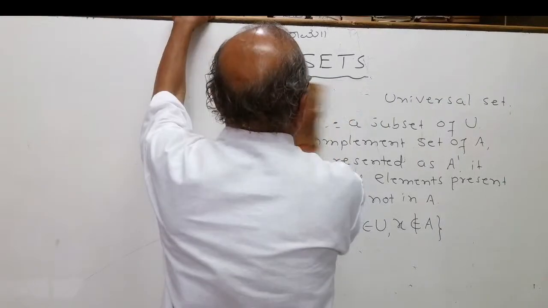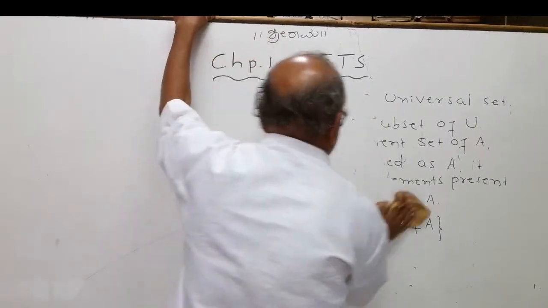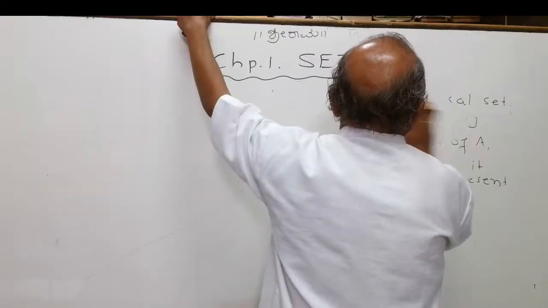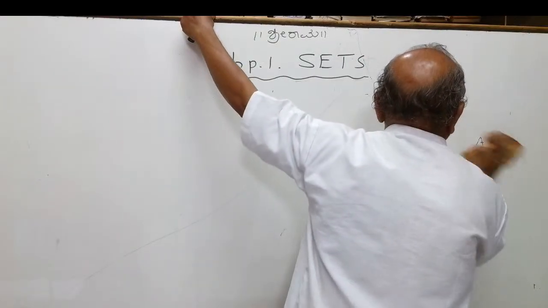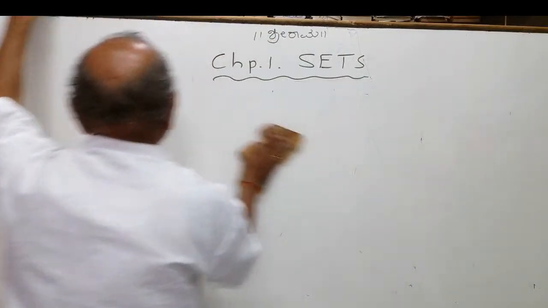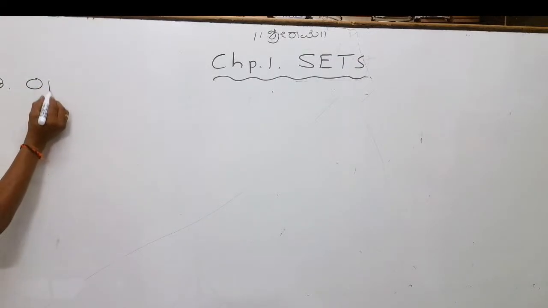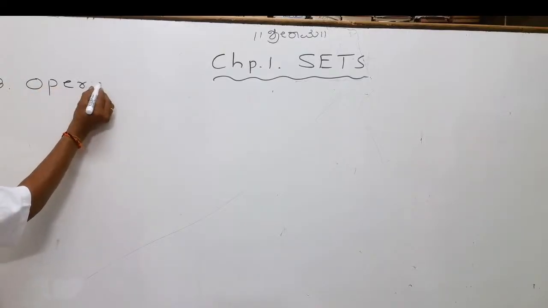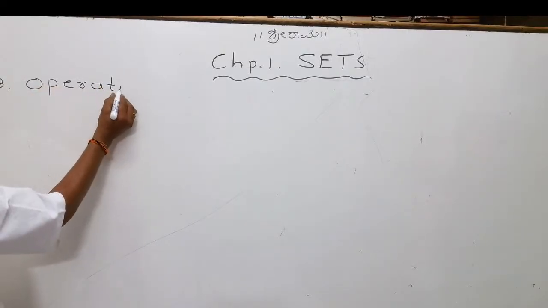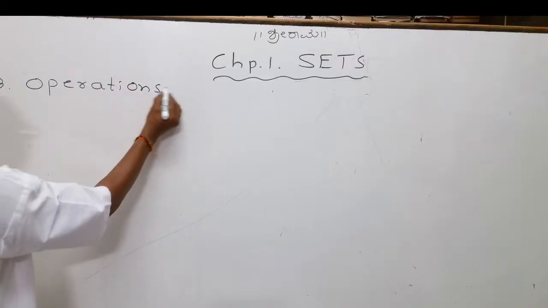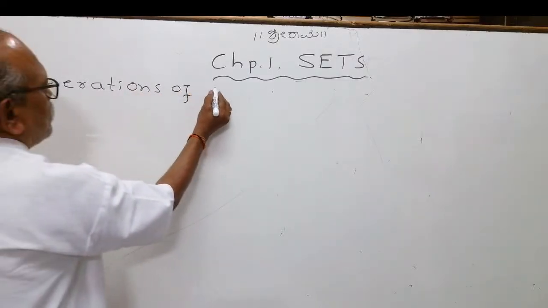So there is another method called Venn diagram method. I will show you what is Venn diagram method. Before that, we will move on to the third part of the chapter, that is operations. Types of sets you studied. Operations of sets is the last part of the chapter.